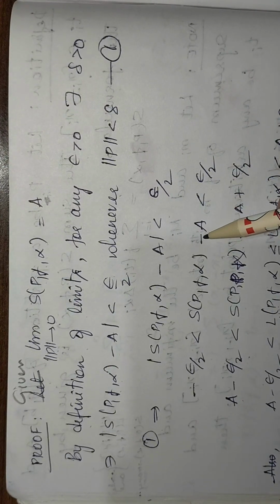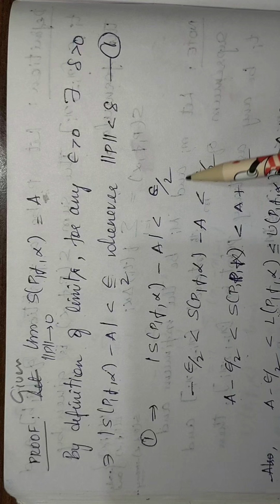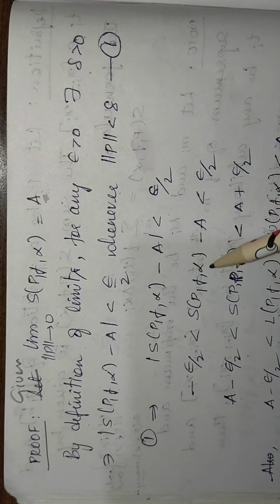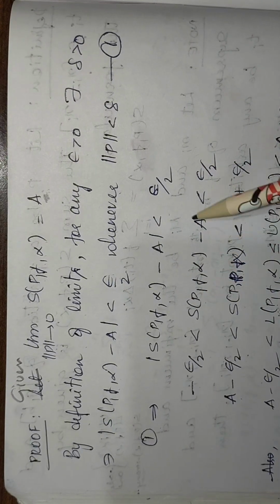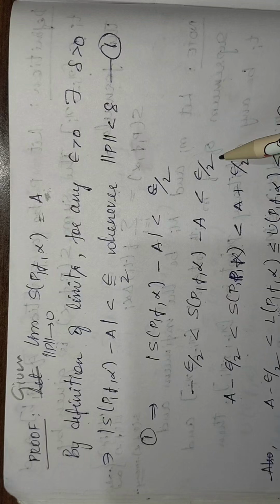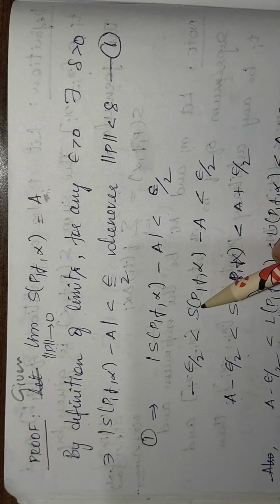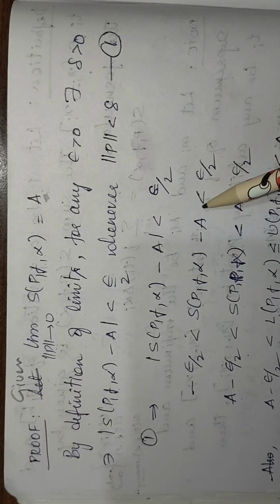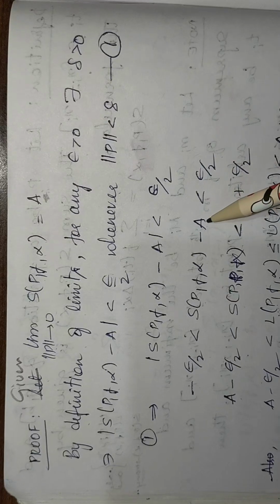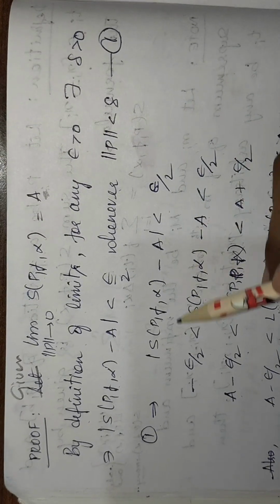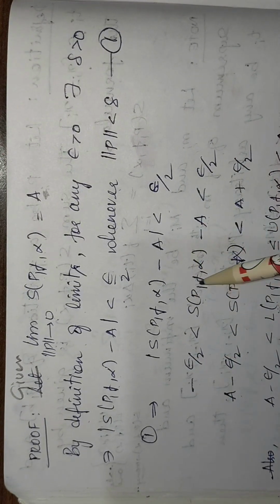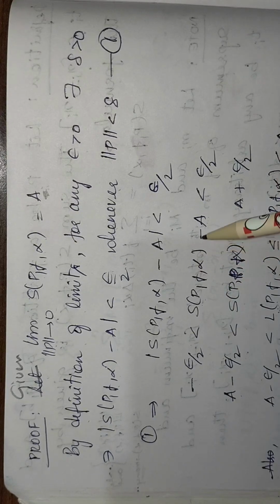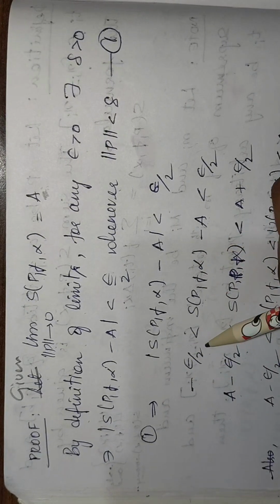So if I take this A to this side, first consider this inequality: S(P, f, alpha) minus A less than epsilon by 2. Then S(P, f, alpha) is less than epsilon by 2 plus A. And if you consider this inequality, then S(P, f, alpha) is greater than A minus epsilon by 2.